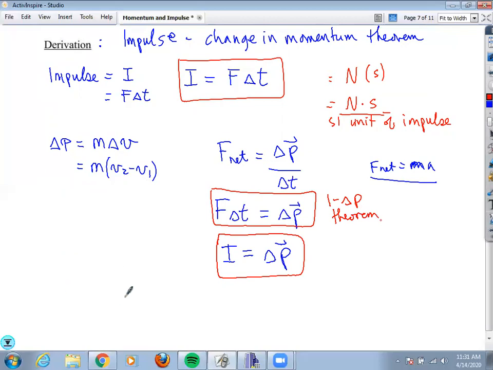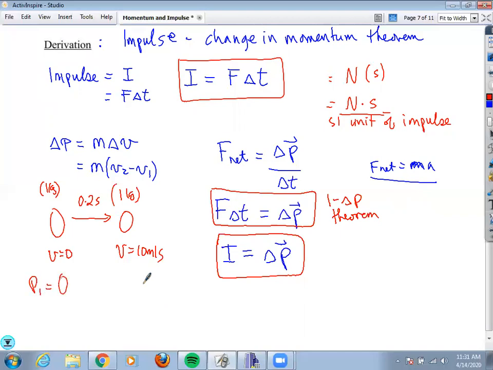So impulse causes momentum to change. Think about it, impulse is a force applied over a period of time. If the soccer ball is at rest and its v is 0, and then over a period of say 0.2 seconds you kick it and its v is 10 meters per second, well clearly its momentum changed. Let's just call it a 1 kilogram ball. So momentum 1, 0 times 1 is 0.